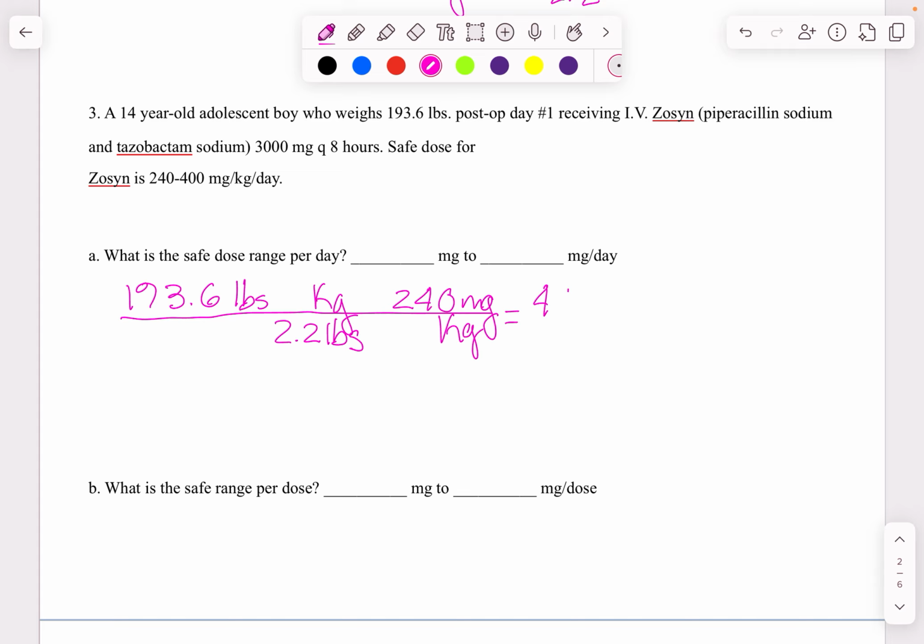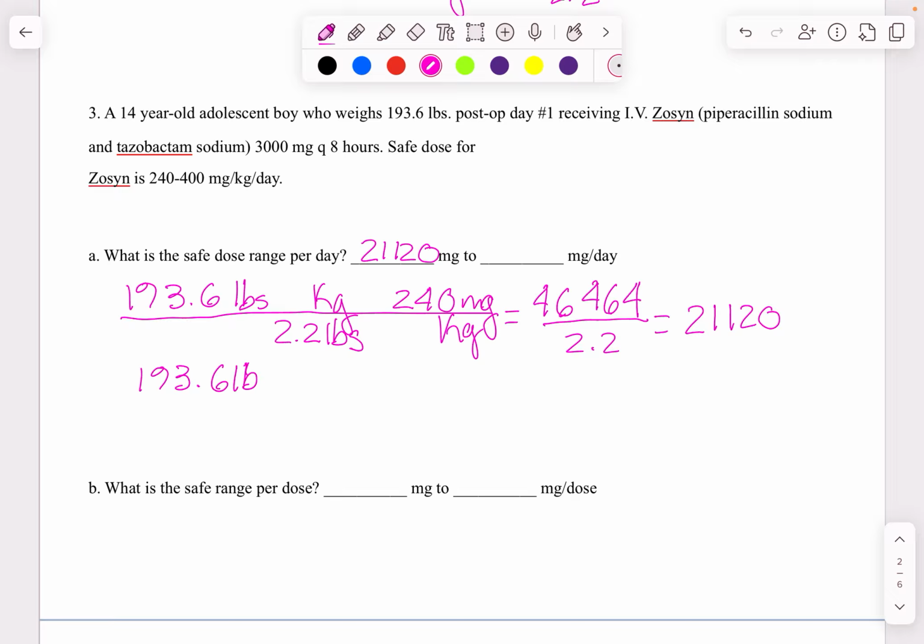That gives us 46,464 over 2.2, which gives us 21,120 for our first answer, because it's just asking us per day, not by the dose. Okay, and then for the high end, 193.6 pounds.